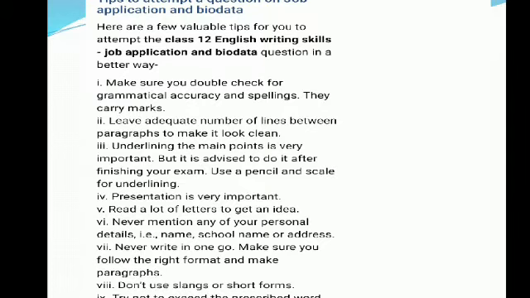Next point, read a lot of letters to get an idea. So reading makes a man perfect. We have to read as many such letters as possible, and as much information about various types of questions, and how the solutions to such questions based on biodata and job application are written.